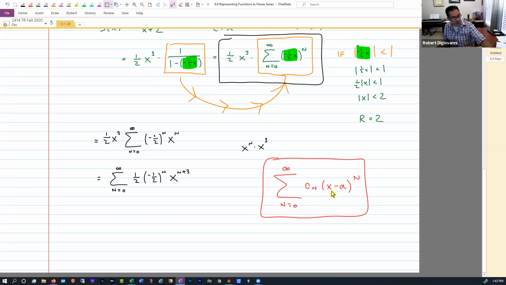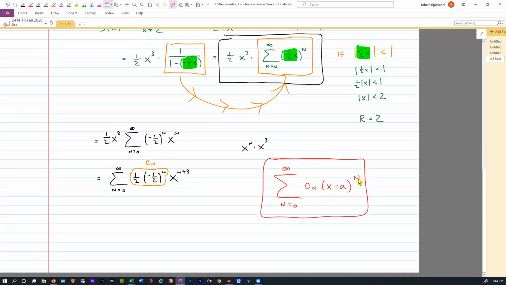Do you all see that all of this out front can be our c sub n? As n changes, this is going to change and you'll just get a different number out here every time. You'll see that? And then here, this is x to the n plus 3, and that's n, right? So we can just separate it.